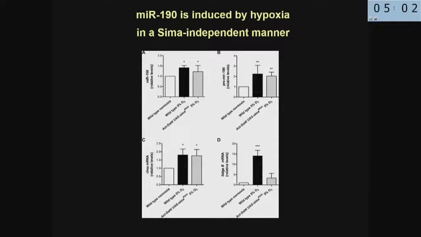This is true not only for the mature microRNA, but also for the pre-microRNA. We observed the same for the RHEA gene, the one that hosts the microRNA in one of its introns. And all these inductions dependent on hypoxia are independent of Sima. So it's induced by hypoxia in a Sima independent manner.